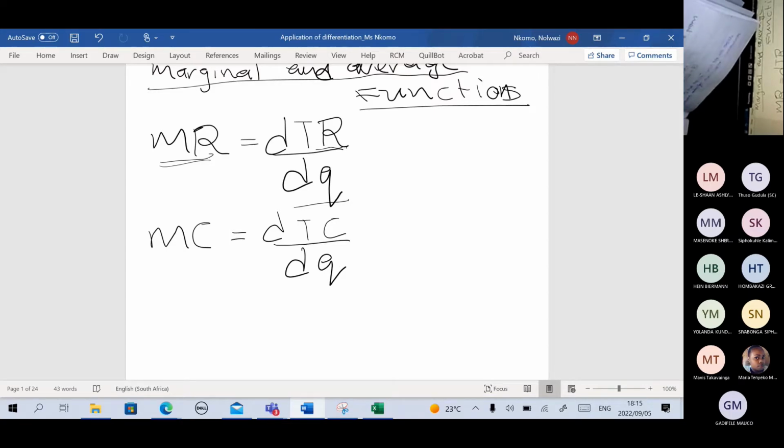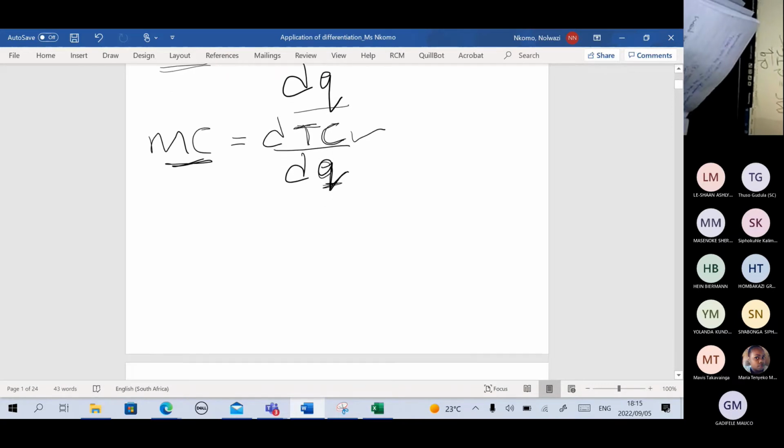Meaning the marginal cost is the rate of change of total cost with respect to the output, which is Q in this case. Meaning if we differentiate the total cost function with respect to Q, you will get the marginal cost. Okay, going back to the marginal revenue.